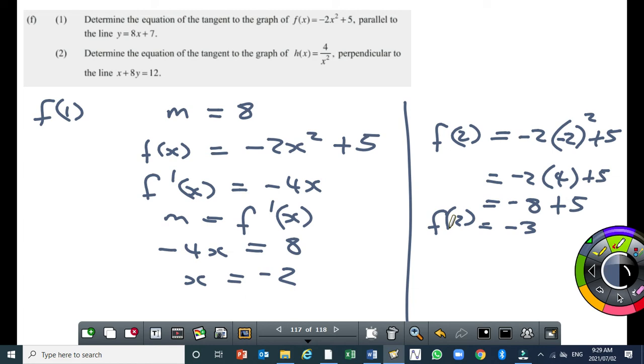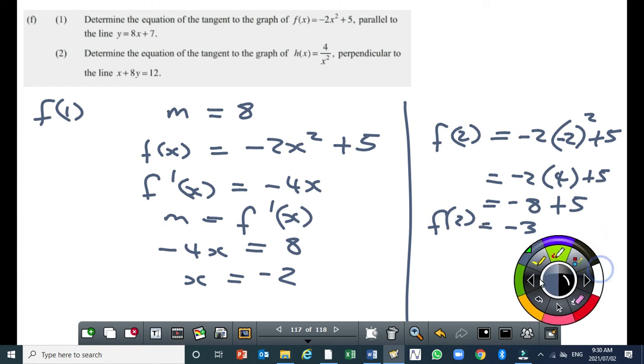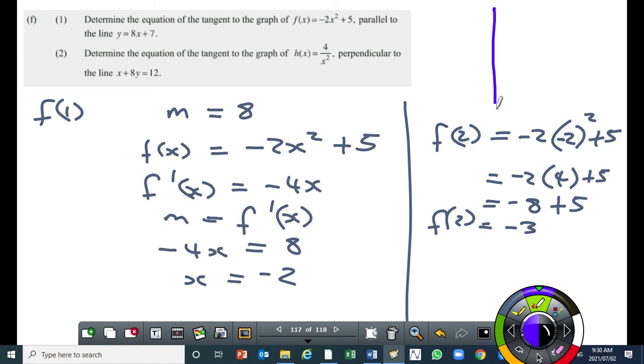So first thing, I found the gradient of the tangent. Then I defined the first derivative of the quadratic function for me to find the x value at the point of contact. Just to draw a sketch of what this means, the quadratic function is a grade 10 function, so it looks like this.